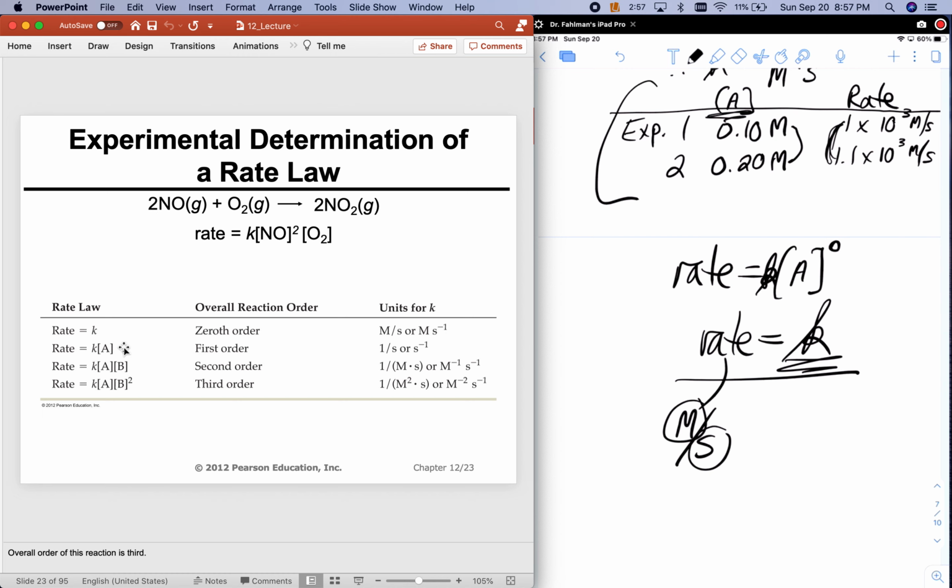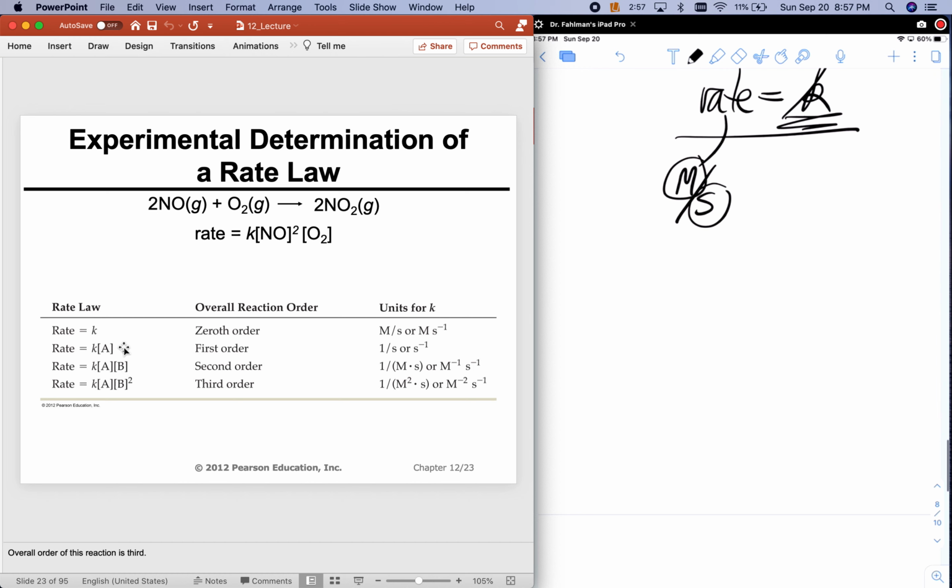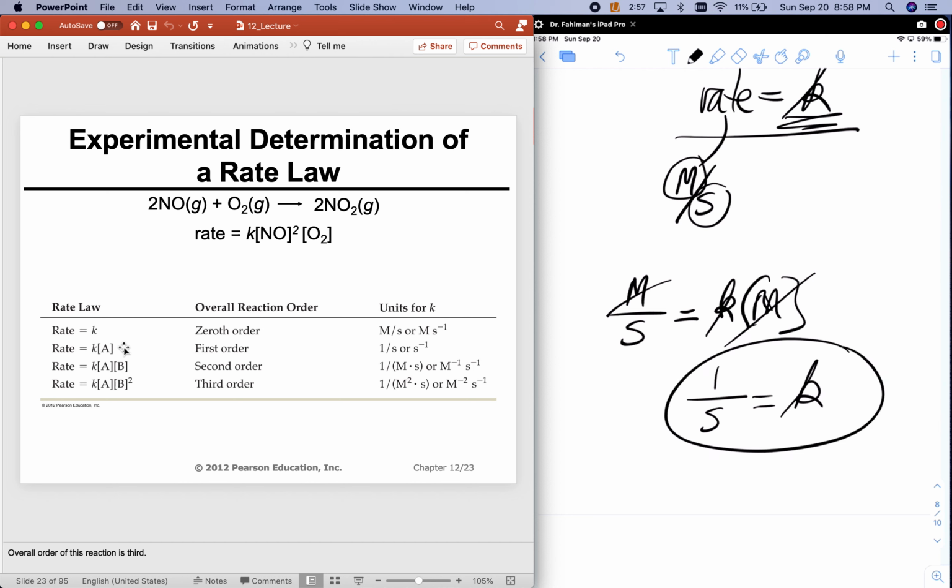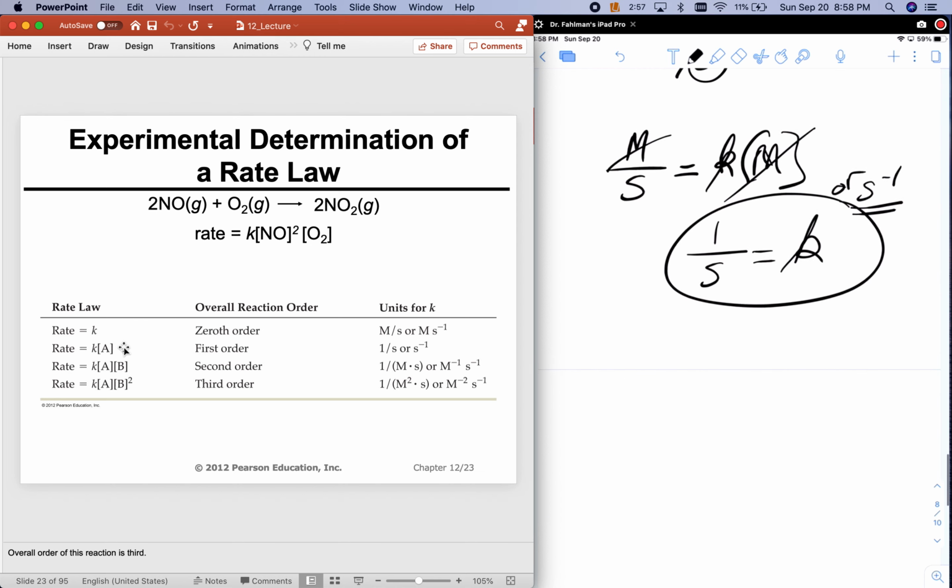Then for first order, you have rate, which is concentration per unit time, equal to k times concentration. If we divide both sides by M, you just get 1 over s for the rate constant, or seconds to the minus 1. So that's for first order.